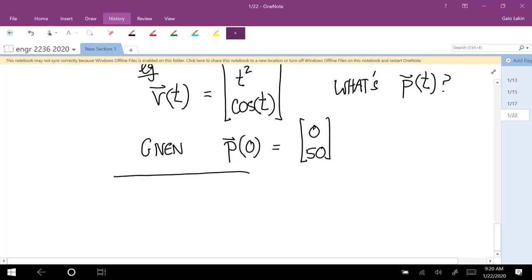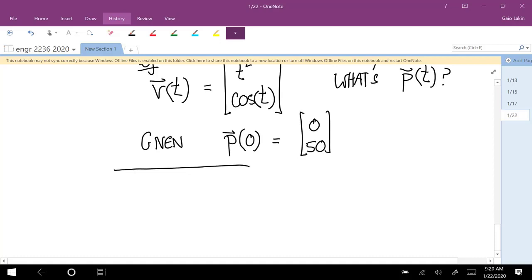Okay, so at that point, you can think of that velocity vector as an x and a y component. And we know that dx dt, that's the x component of the velocity, is equal to t squared.